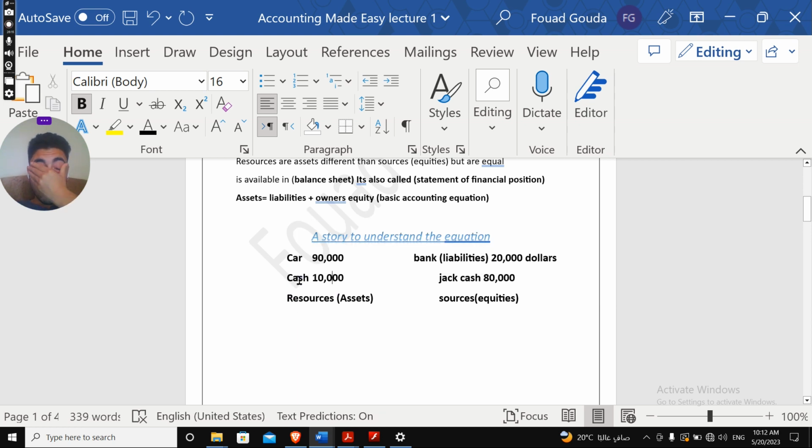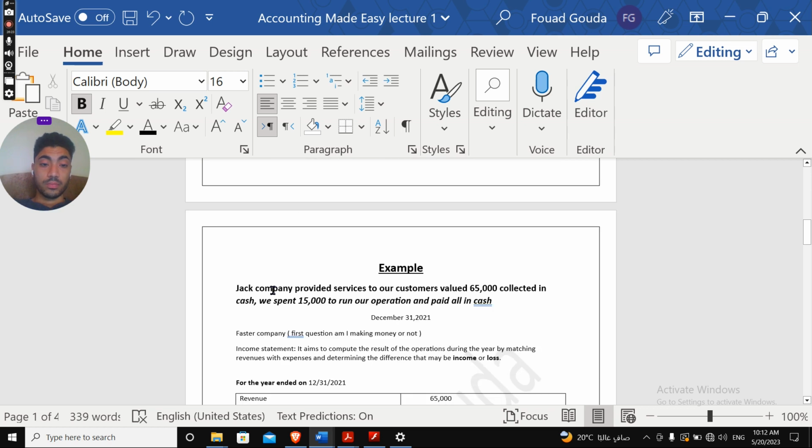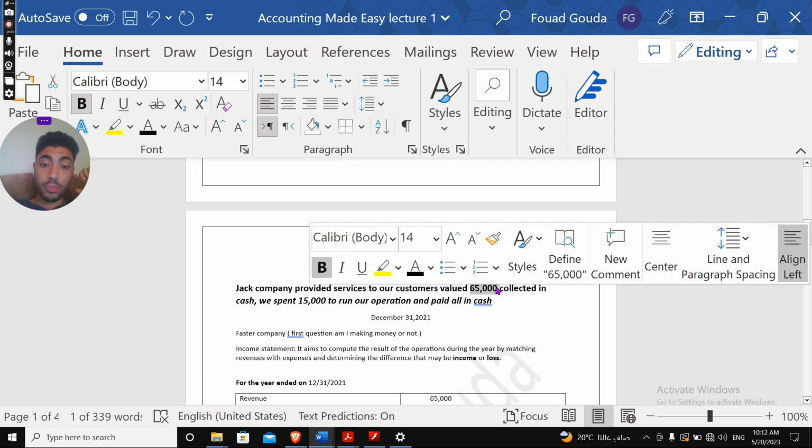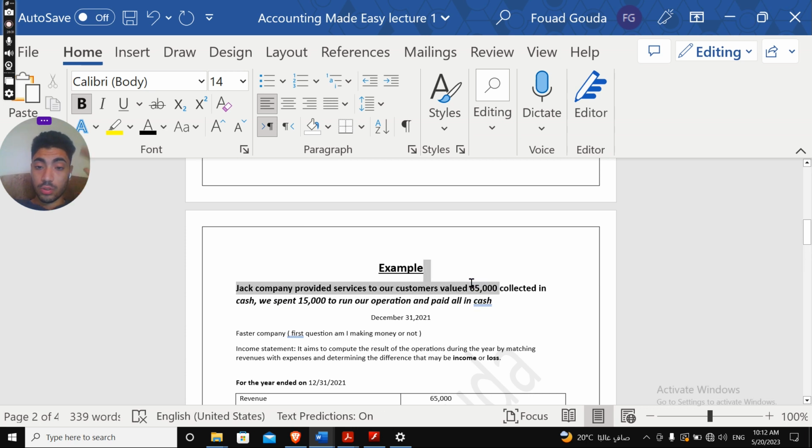We had 10,000 pounds in the safe from the beginning of the story. This is the first cash we had. Then, continuing the story, we took 65,000, generalized currency, and then we spent 15,000.